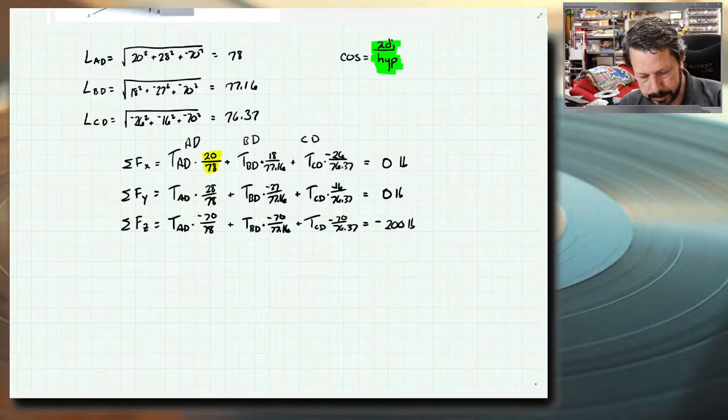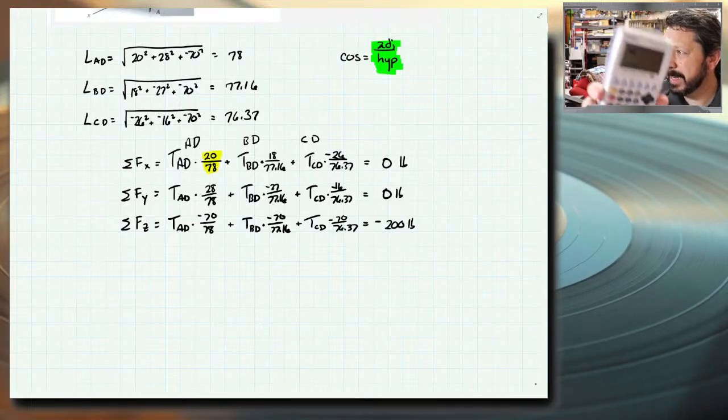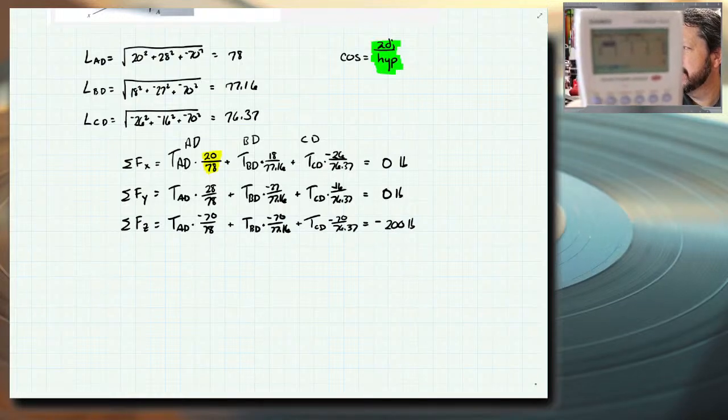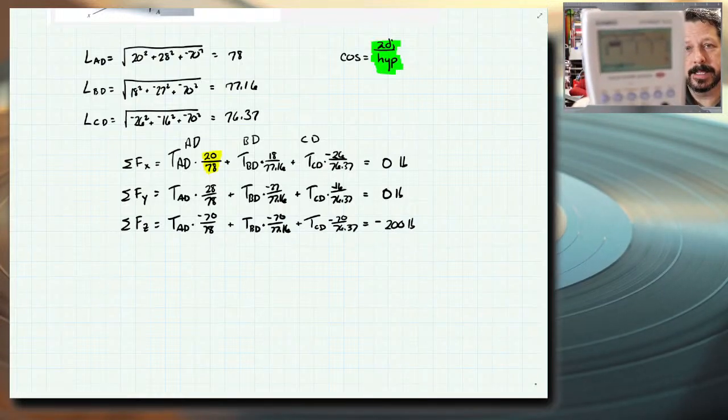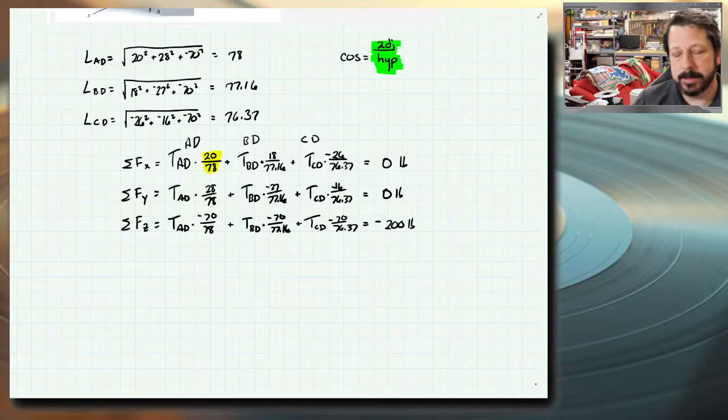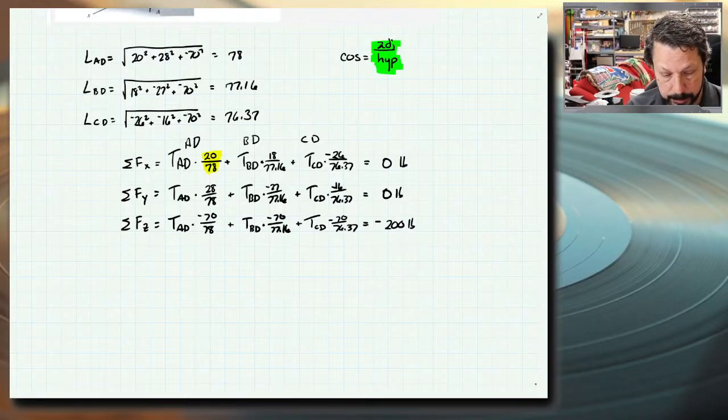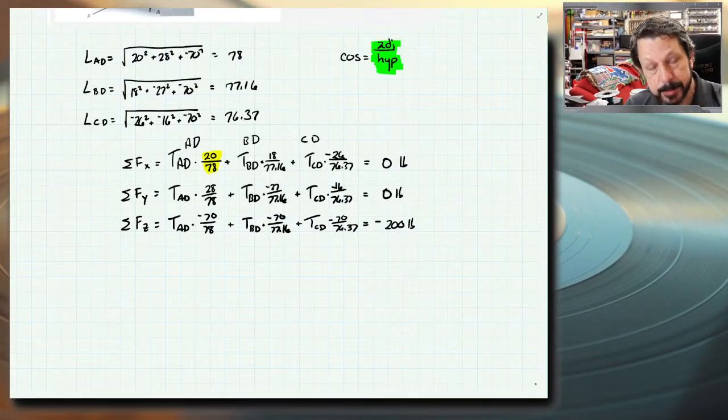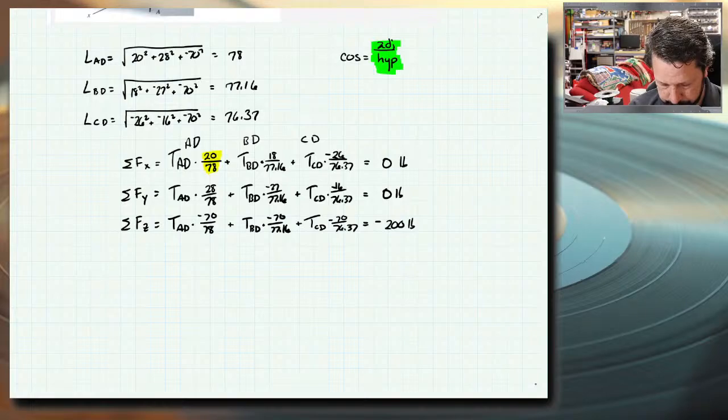simultaneous, 3 unknowns, and so you can kind of see, maybe you can see it just in this particular one, it sets it up to where it's a matrix that looks a whole lot like what I've got on the screen. And you just put the coefficients in, you don't put the AD and BD. So 20 over 78, 18 over 77.16, negative 26.